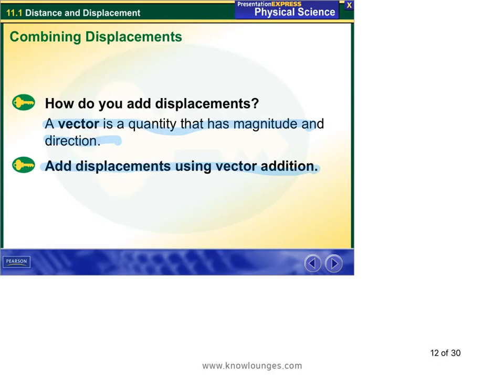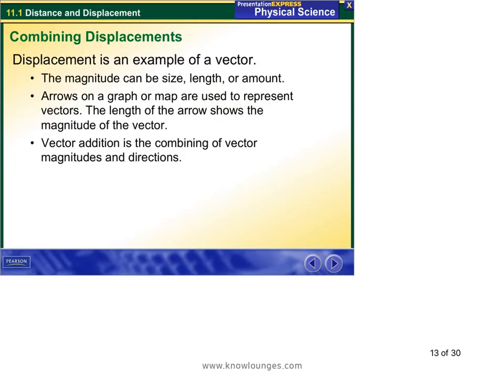I use degrees. I talk about a 20-degree angle, a displacement of 20 degrees. We can talk about just forward or backwards. So a lot of different terms will help us to describe direction.